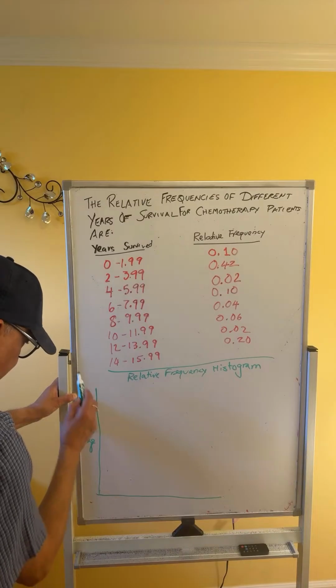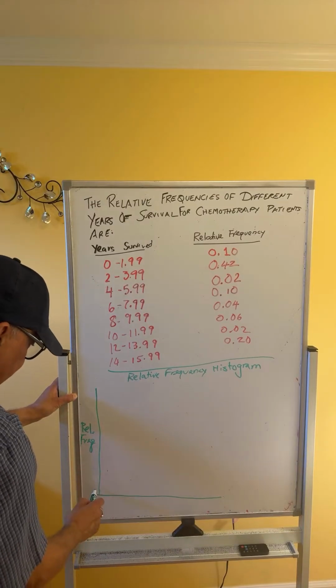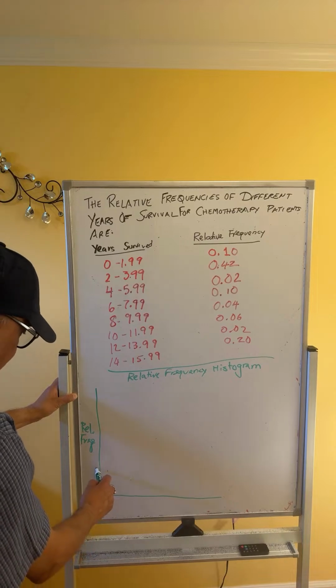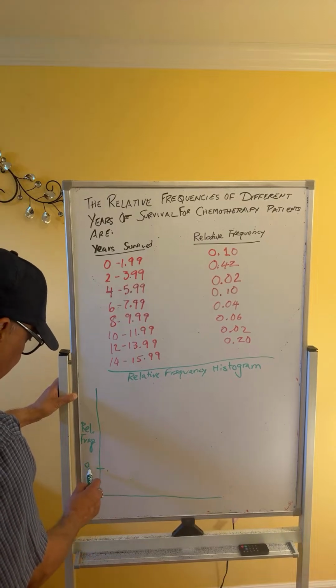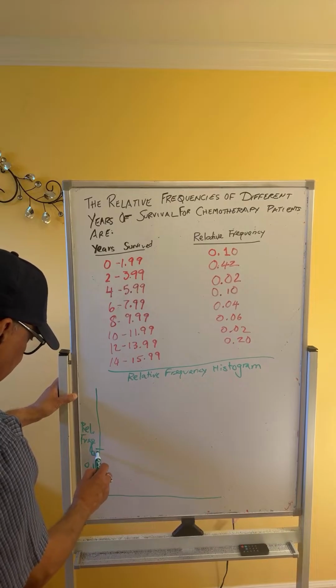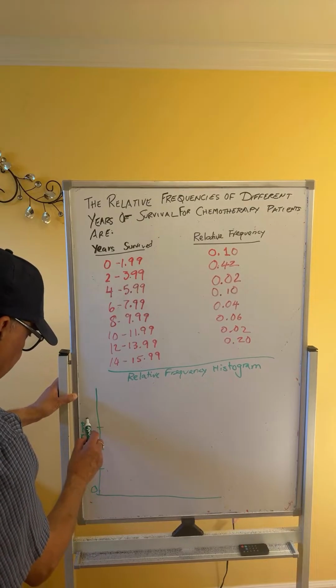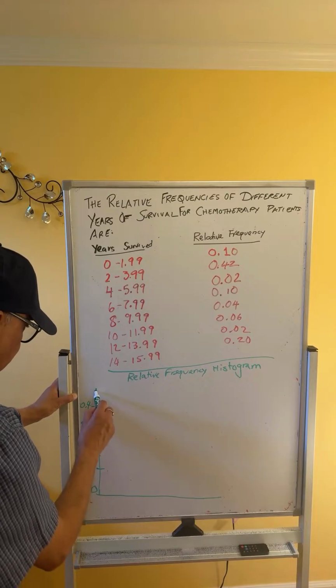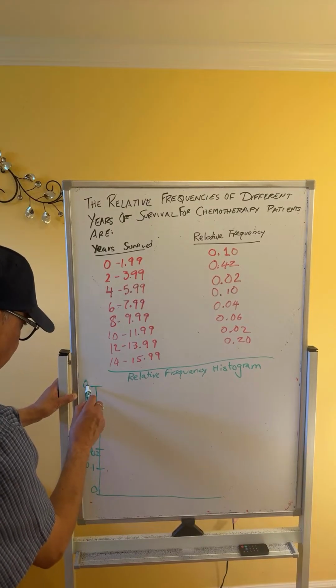So we can divide the vertical axis into intervals of 0.1, 0.2, 0.3, 0.4, increments of 0.1 on the vertical axis, and then 0.5.